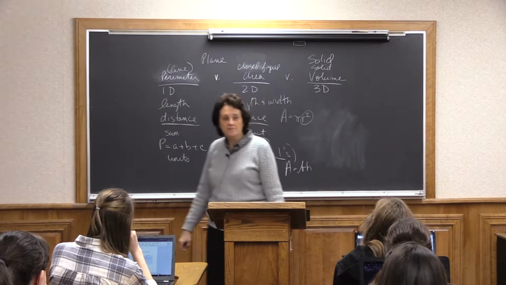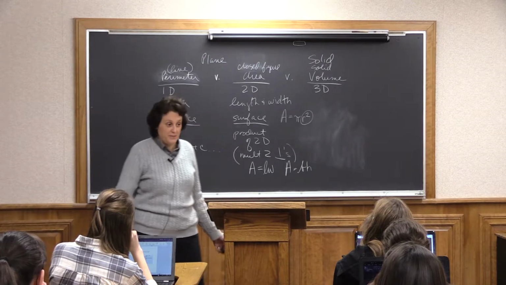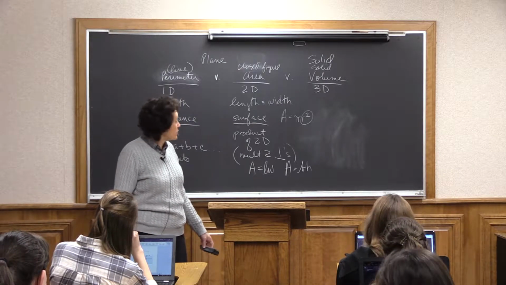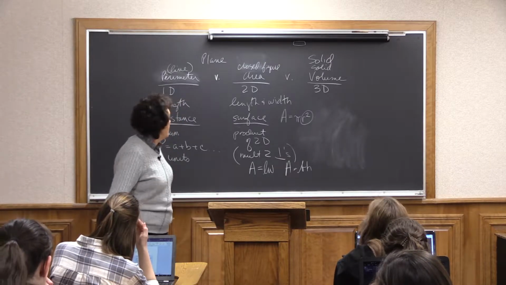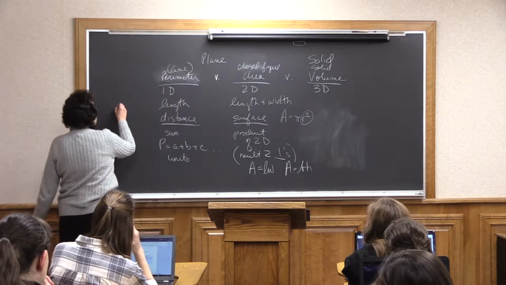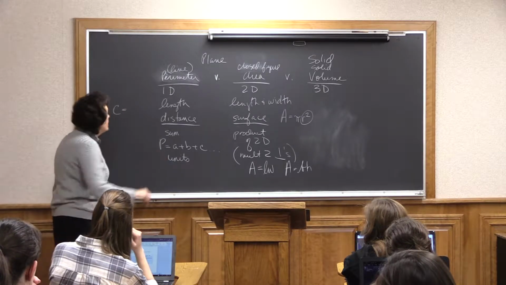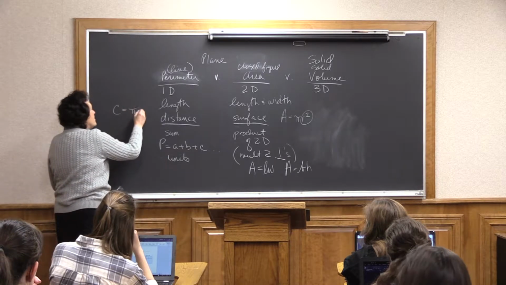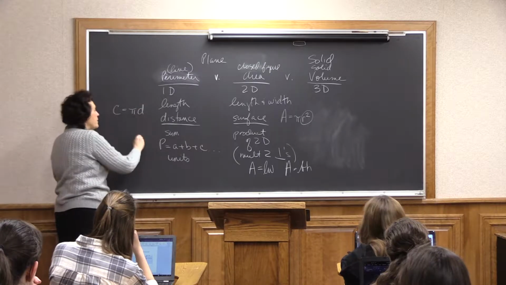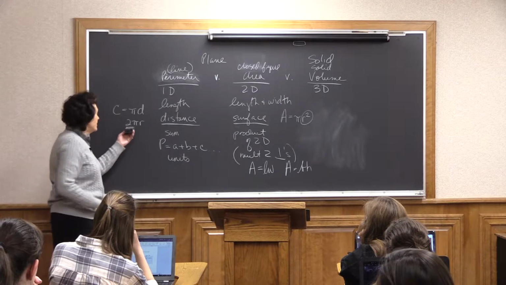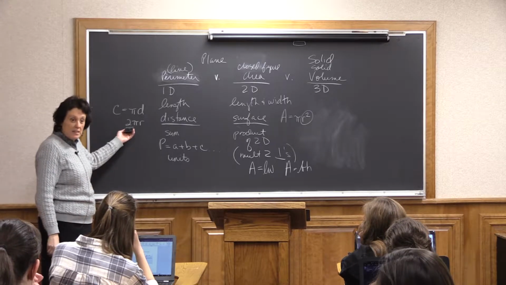Is that two-dimensional? Is that a product of two dimensions? Yes, the radius. That's why we have to square the radius. The circle can't really do summation of the sides, can we? But we have our pi, and then it's going to be pi times the diameter. Or if you have it in terms of radius, you're going to double the radius.